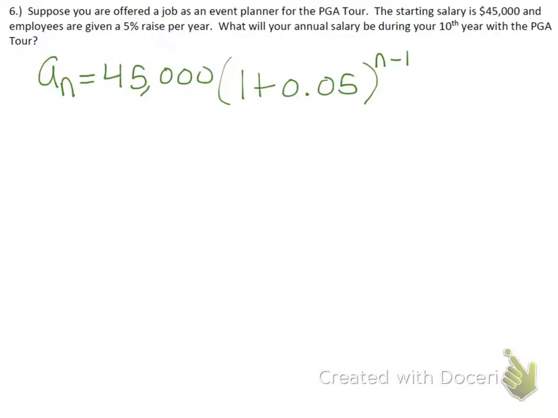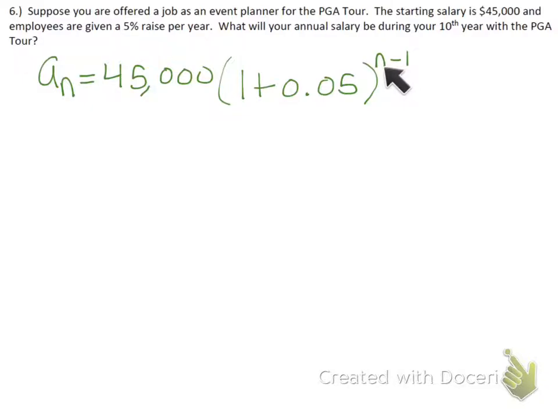The 45,000, that's right here. That comes from our starting salary. We know it's a growth problem because the salary is increasing. That's why we have a plus sign. 5% is 0.05, and it is raised to the n-1 power. Now, why is it not raised to the nth power? You might be wondering.